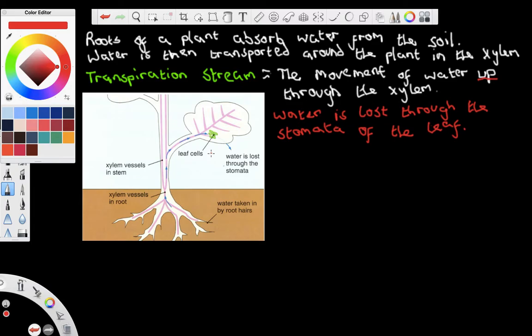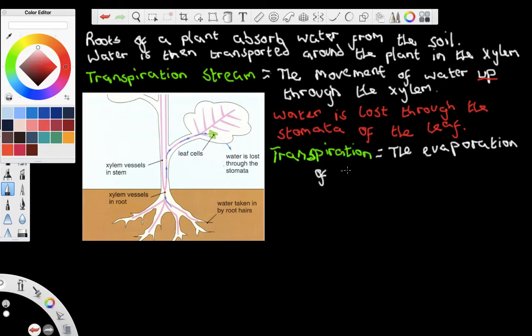Now, this is known as transpiration. Transpiration is defined as the evaporation of water from the stomata of a leaf.